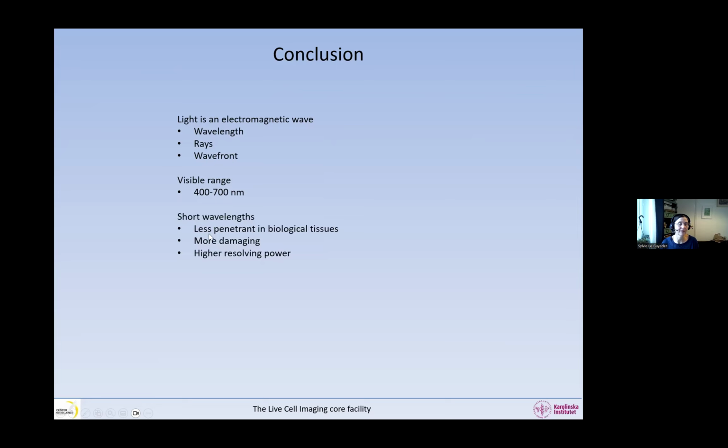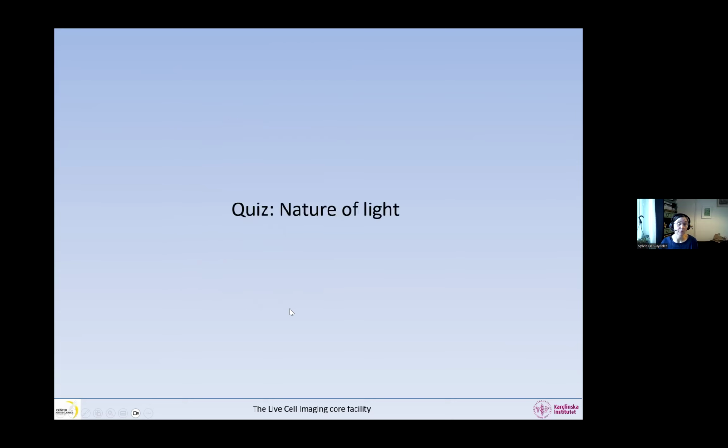The short wavelengths are less penetrant, so they are blocked quite quickly in biological tissues. They're more damaging, but they have a higher resolving power. Scattering happens on both excitation and emission, and we would like to make our sample scatter as little as possible, otherwise we lose intensity and sharpness in the image.